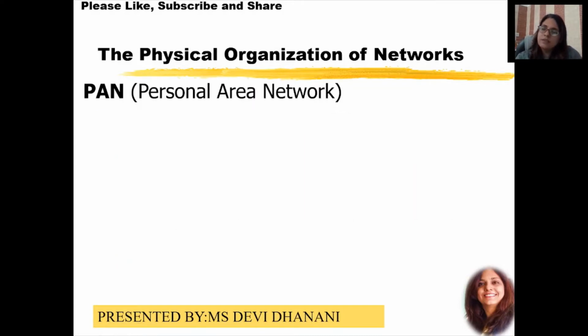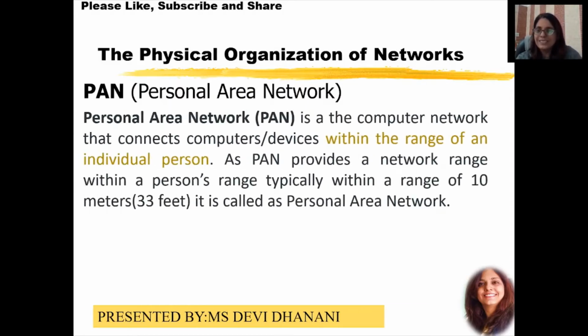The other type of network, which is very popular amongst each and every person these days, is the personal area network. So what is this personal area network? A personal area network basically connects computers and devices within the range of an individual person. You have been working at home, connecting your laptops and PCs with your mobiles, your tabs with your mobiles.